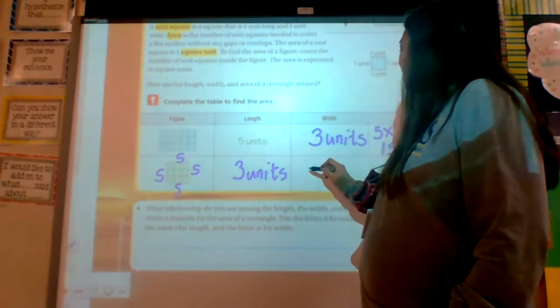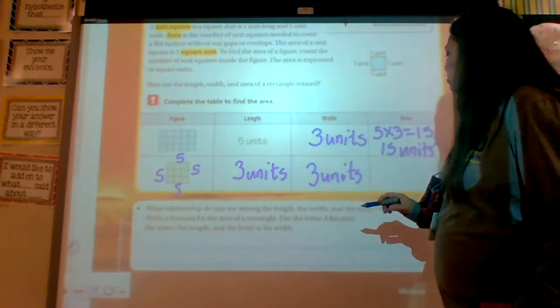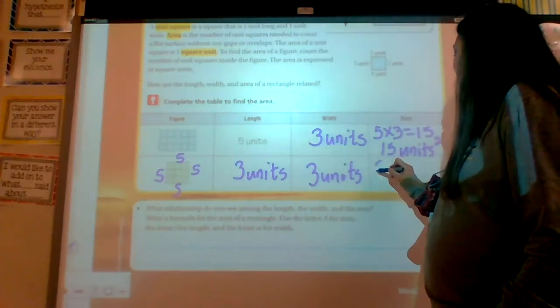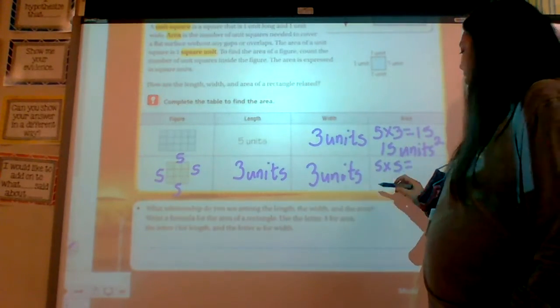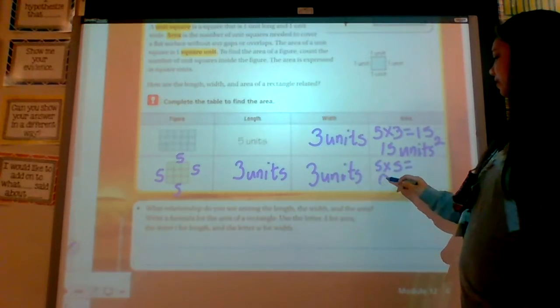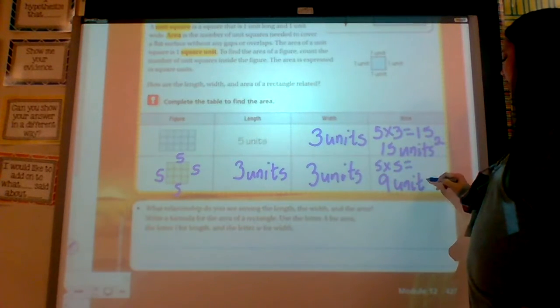The side length of the other is 3 units. And your formula, or how you would figure out the area, is a side times a side. So what is 3 times 3? It is 9 units squared.